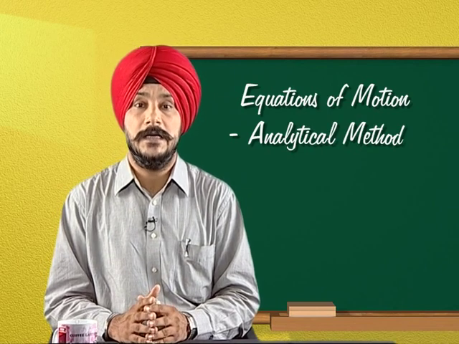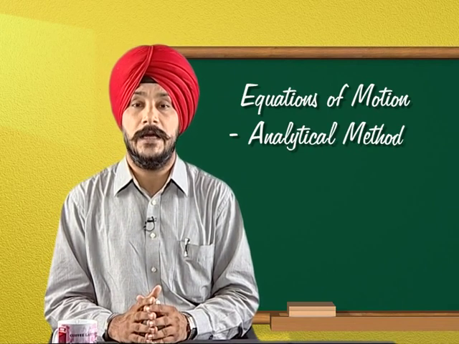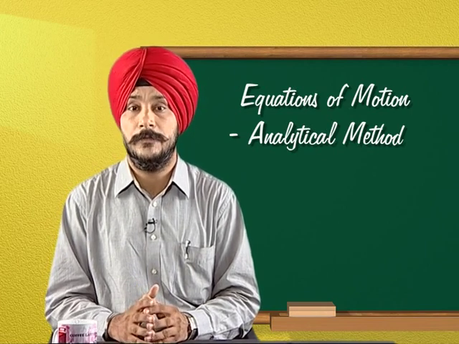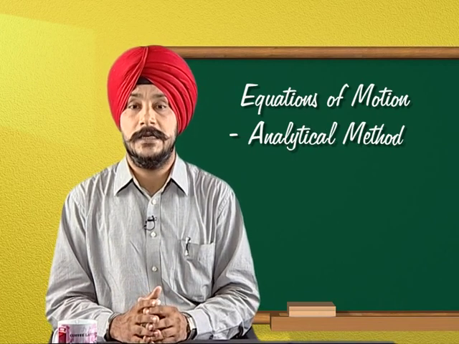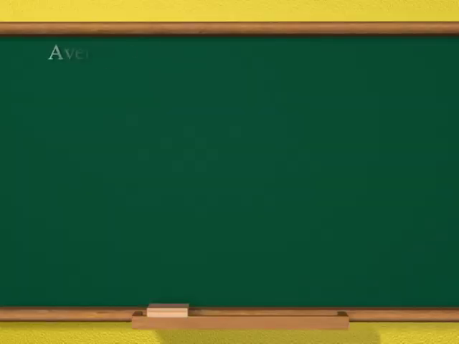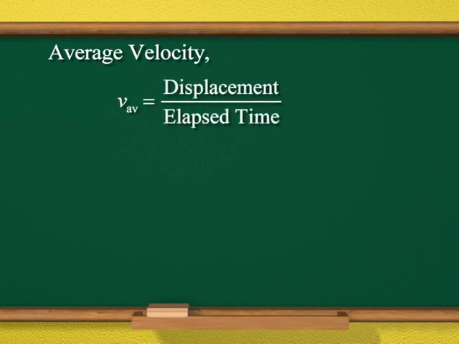Next, how far does the particle move in a given time if its acceleration is uniform? To describe this, let us recall the relation for average velocity. Average velocity is the time rate of change of displacement of an object, or displacement per unit time, that is xf minus xi upon tf minus ti.